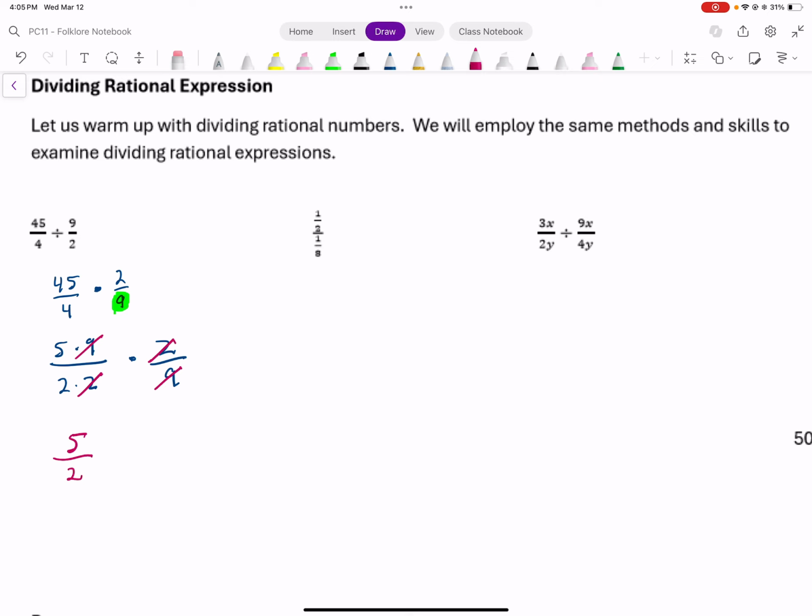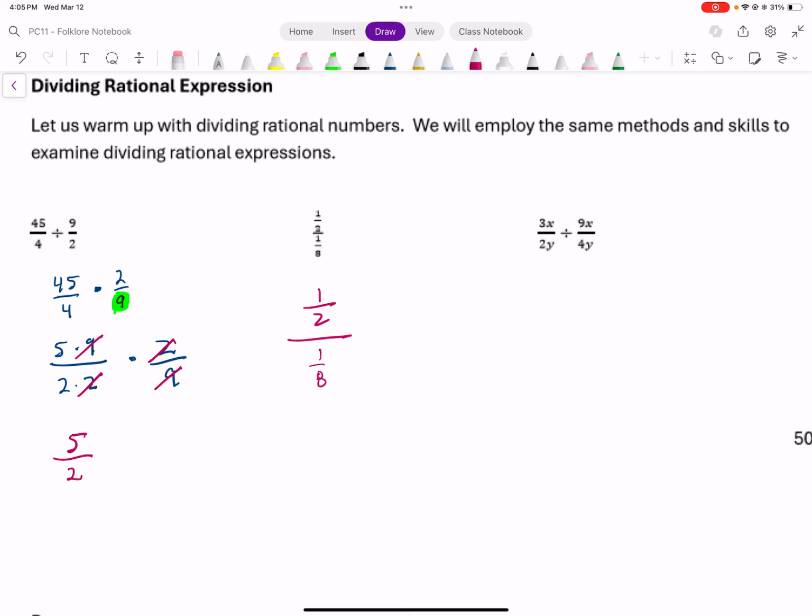Now, I believe in our next example, it is 1/2 divided by 1/8. Now, I'm not using a division symbol, but it's a rational number divided by a rational number.